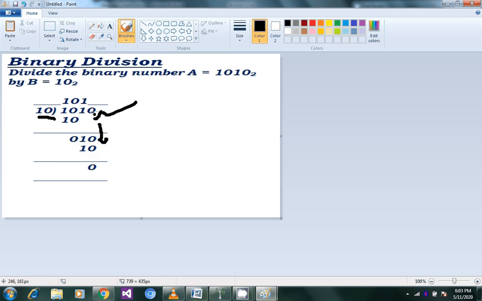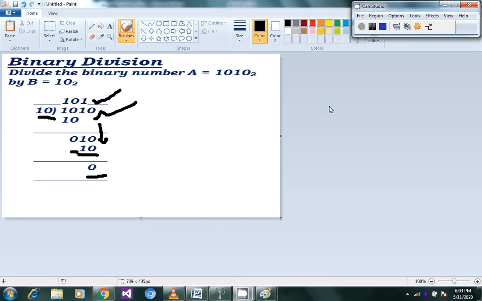So it divides by this 10, then this 10 into 1 gives here 10, and when you subtract this number it gives here 0. So this is the result, 101, which is the binary division of this number.